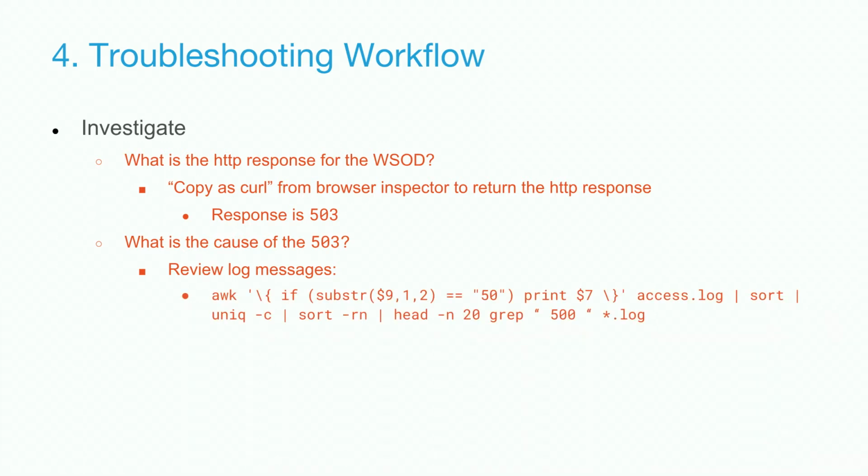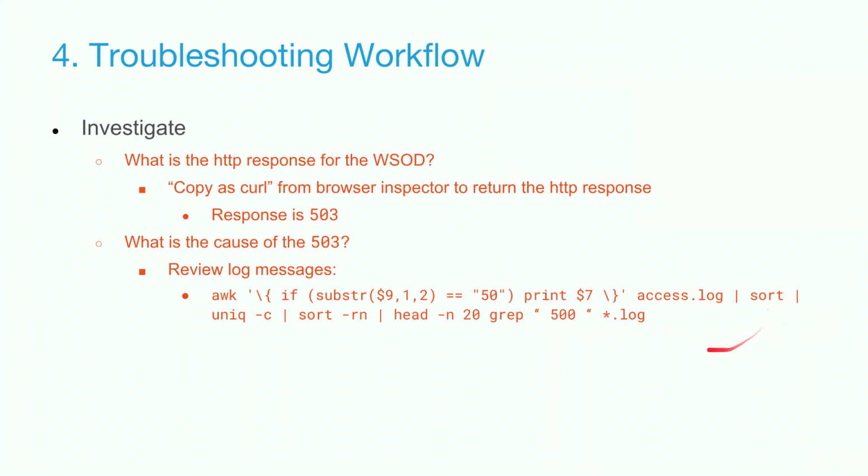We used a command line in this case, and I'll explain a little bit about what we did. We used an awk command, which lets us parse some input and then output it in a nice way. We pick which variable we want to print out. We do that on the access.log file.